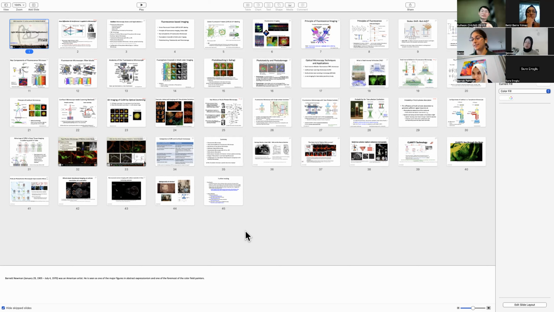I understand the magnification part, but I didn't get the resolution part. Sure, I see.